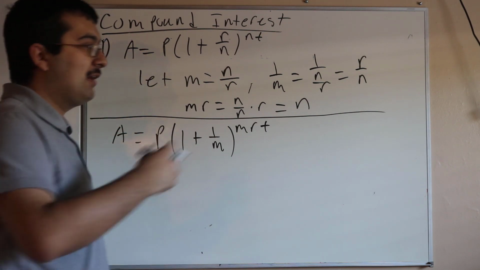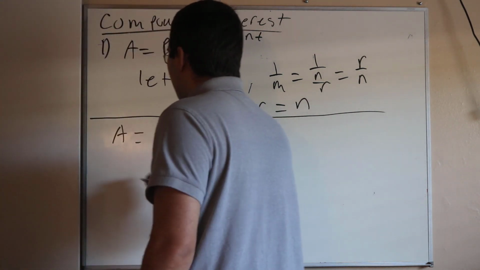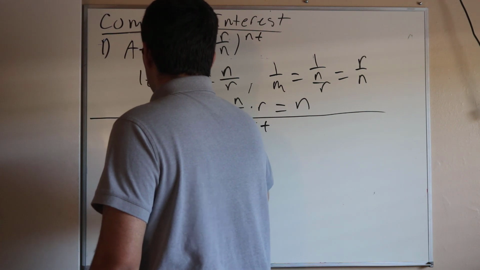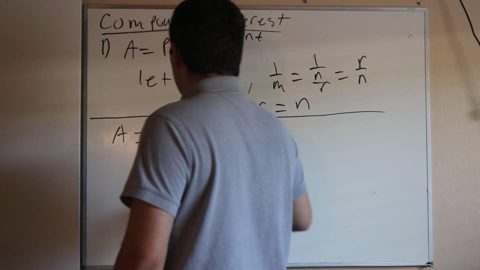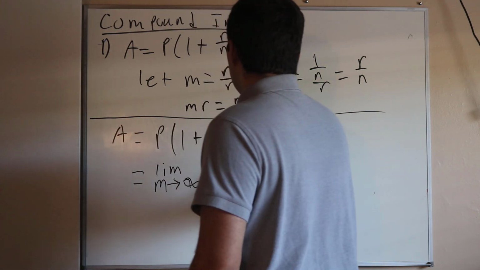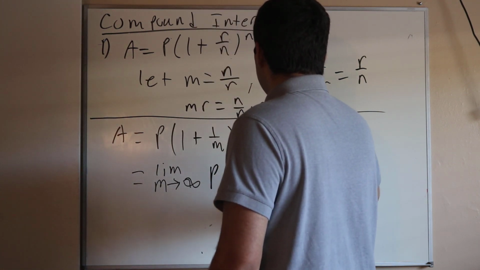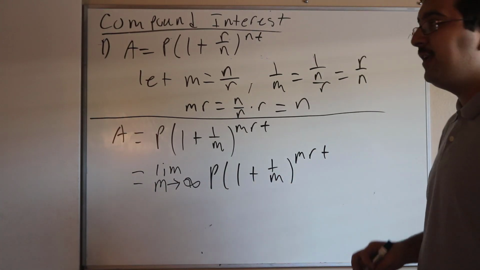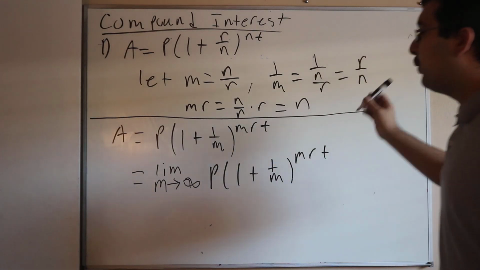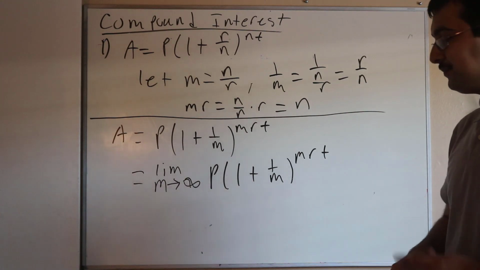So in other words, and we're going to have to take my word on it, this scenario we're considering is the same as taking the limit as m approaches infinity of this equation we wrote. All right.